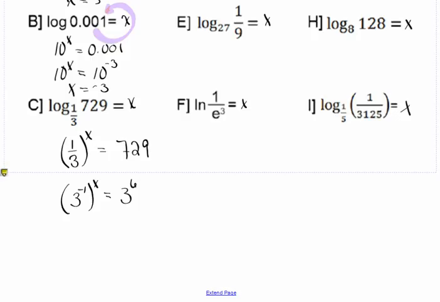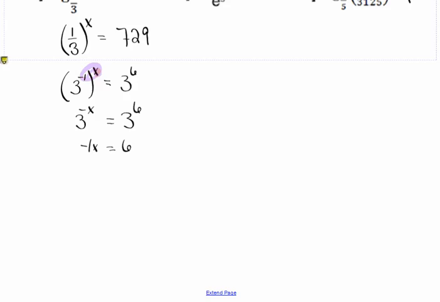So this means using the rules of exponents, if I raise a power to a power, this is really 3 to the negative x, which is equal, all right, so negative 1x is equal to 6, and I solved that little one-step equation by dividing both sides by negative 1. I get x is equal to negative 6.